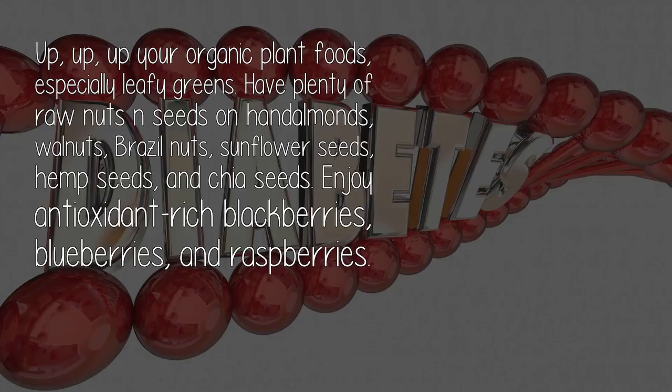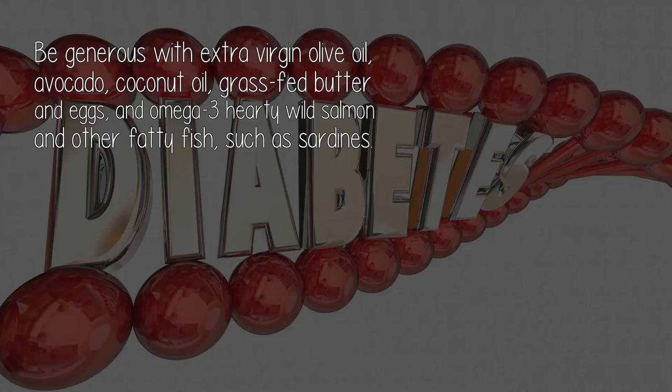Have plenty of raw nuts and seeds on hand: almonds, walnuts, Brazil nuts, sunflower seeds, hemp seeds, and chia seeds. Enjoy antioxidant-rich blackberries, blueberries, and raspberries. Be generous with extra virgin olive oil, avocado, coconut oil, grass-fed butter and eggs, and omega-3 hearty wild salmon and other fatty fish, such as sardines.